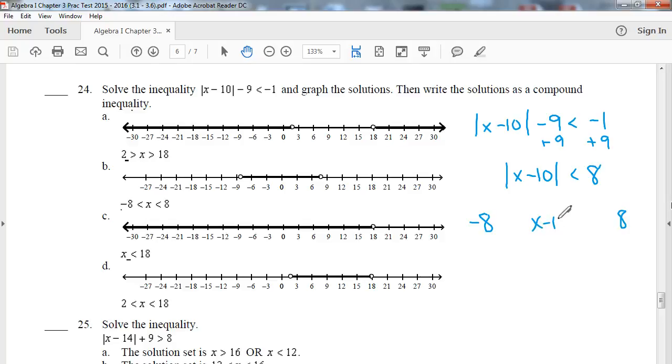And this x minus 10, whatever it happens to be, will be between those two endpoints because it's inside with the less than symbol here. We'll solve this by adding 10 to all 3 sides of this inequality, giving us 2 is less than x, which is less than 18. And it looks like that's down here at option D.